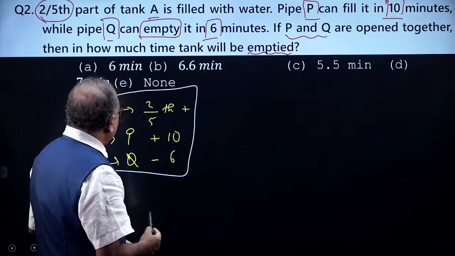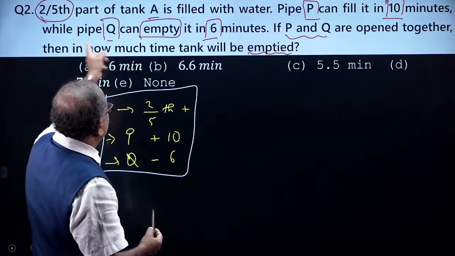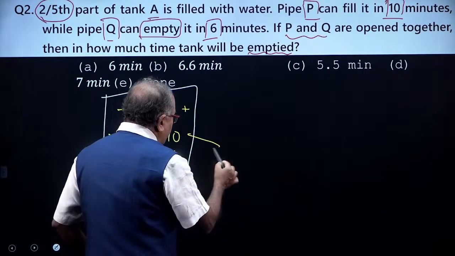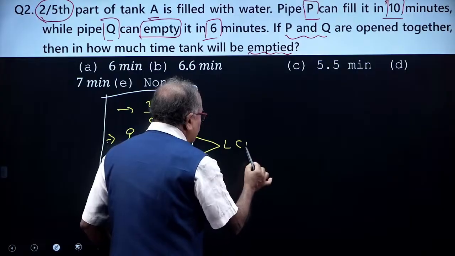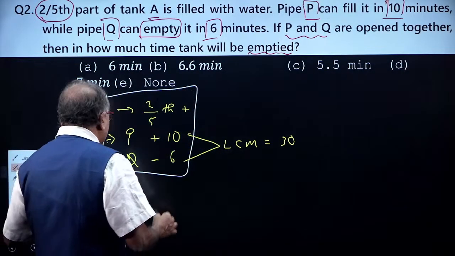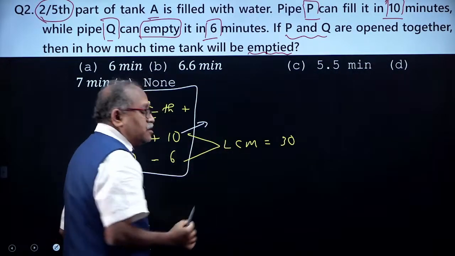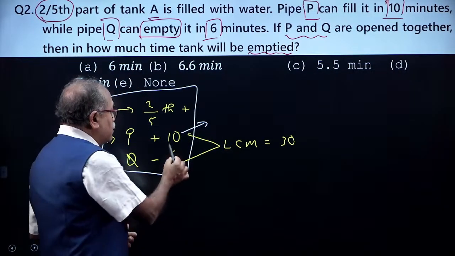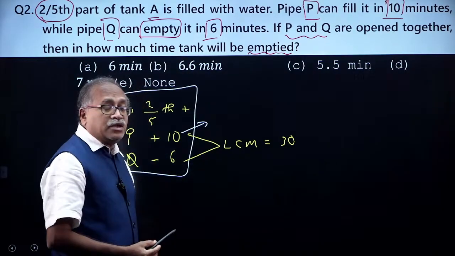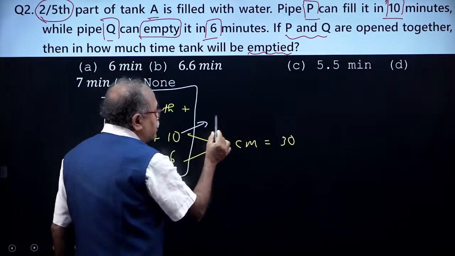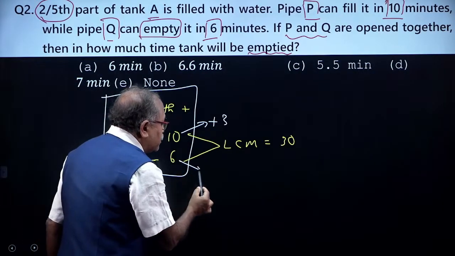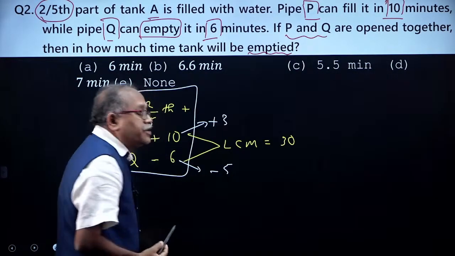With this given information, I know the overall LCM of 10 and 6 is 30. Pipe P fills the tank in 10 minutes, so 30 divided by 10, it fills 3 units every minute, and pipe Q empties 5 units every minute.